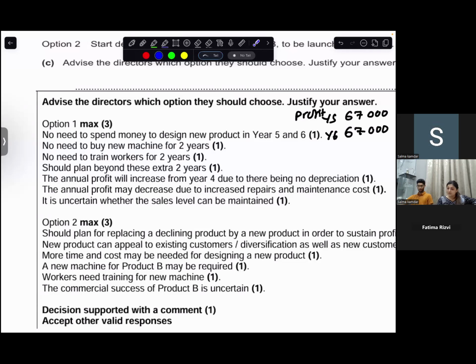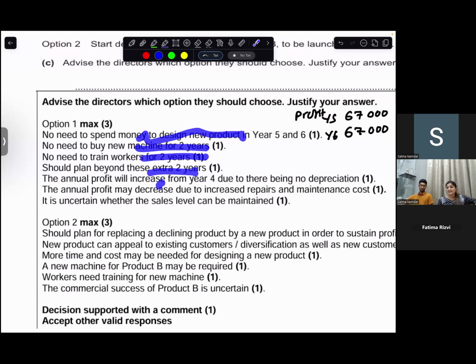So if they choose option 1, they will not have to spend to design a new product. They are not buying the new machinery. They don't have to train their workers. The profit after depreciation would increase. Annual profit will increase.